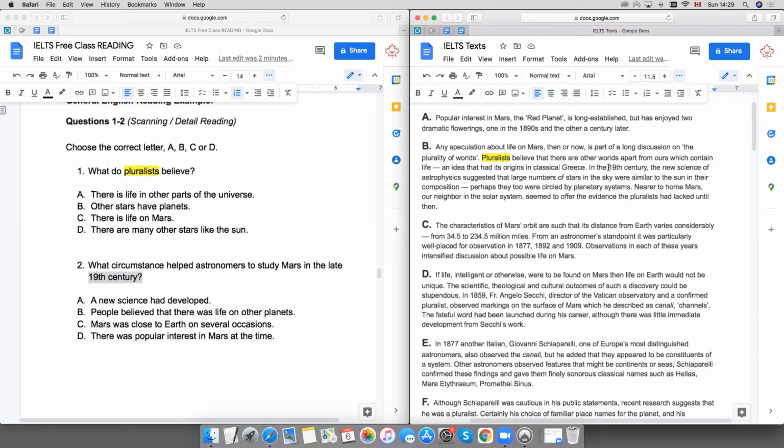Being able to use these skills quickly and comfortably will make the difference between your 5 and your 6.5. A lot of people who have already taken this test scored a 5, but they need a 6.5 to go to college, but they were reading every word. Without a little bit of strategy, it becomes very difficult to do well on this test. And we're seeing now how fast these answers can come to us if we're able to do the scanning and then the detail reading afterwards.